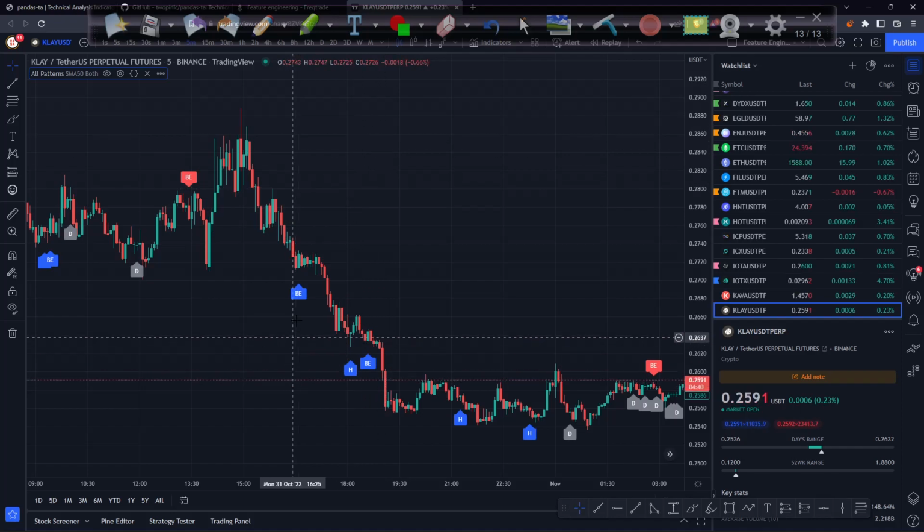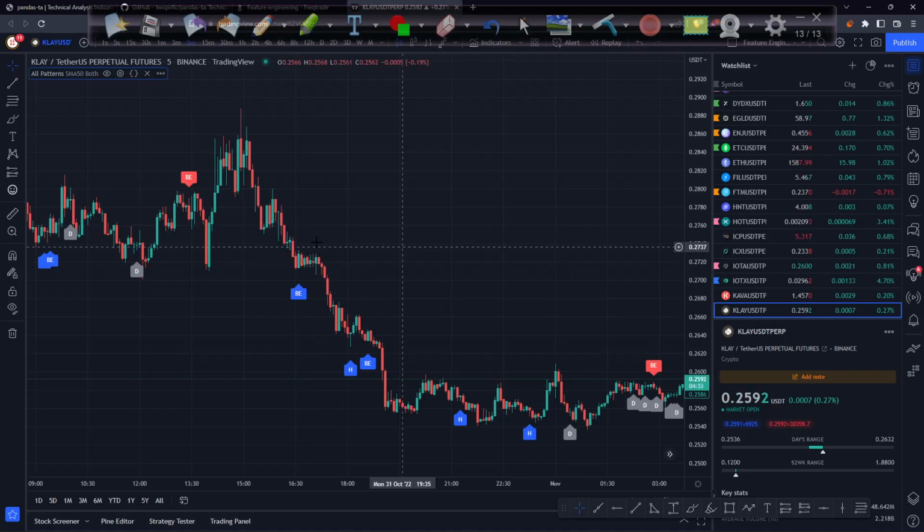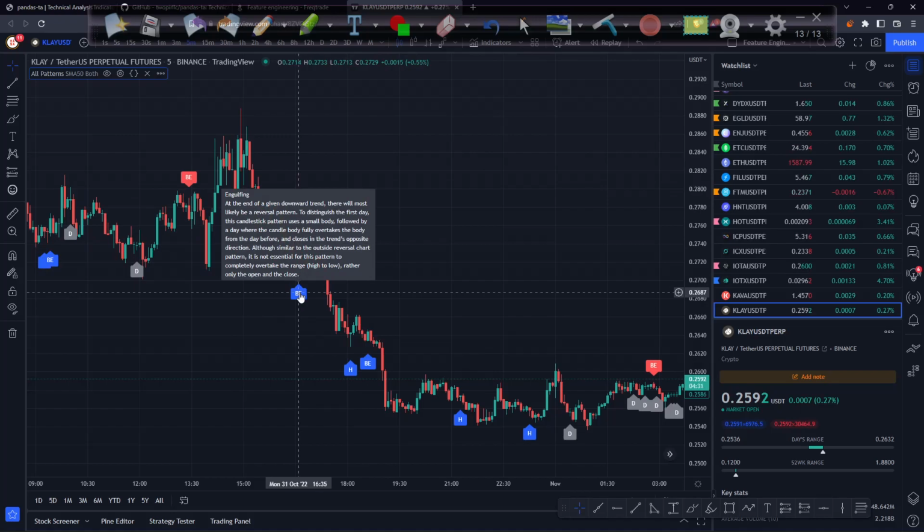Okay, so what it says is that at the end of a given downtrend, there will most likely be a reversal pattern. To distinguish the first day, this candlestick pattern uses a small body followed by a day where the candle body fully overtakes the body from the day before and closes in the trend's opposite direction.